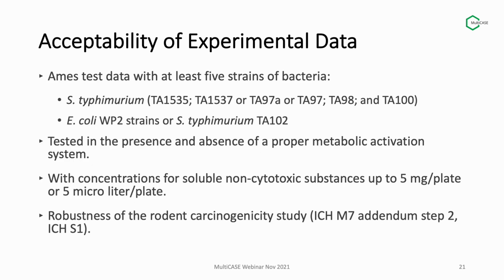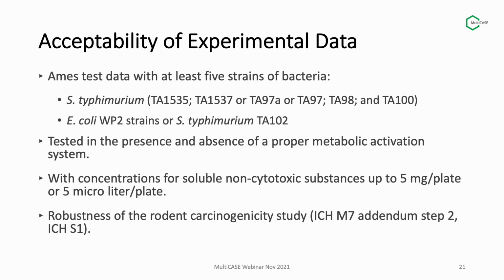Now, since we are done with our expert review case studies, let's talk a little bit about the acceptability criteria of experimental data. I'm sure the majority of you already know this, but the Ames data that we use in our expert review should have some minimum criteria. That is, they have to be conducted using the OECD 471 guideline for both AT and GC type of mutations. So Salmonella typhimurium has these guideline-based strains that should be used, and the E. coli WP2 strain or Salmonella typhimurium TA102 has to be used.